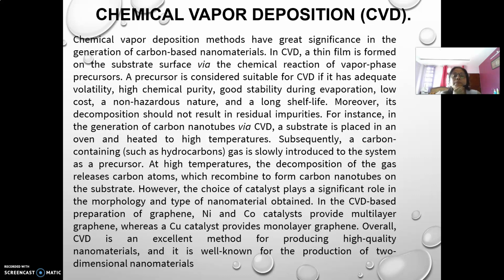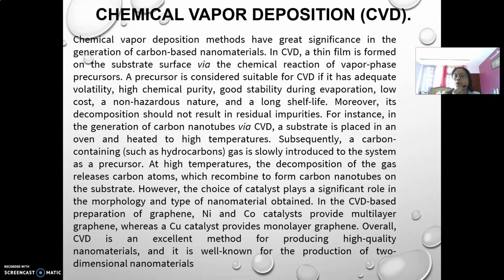Then it must be of low cost, since preparation of the vapor may lead to some release of the vapor, or there may be a high need of vapor, I mean a high quantity of vapors will be required to get the desired product. So if it is a costlier material, then it may lead to some problem.